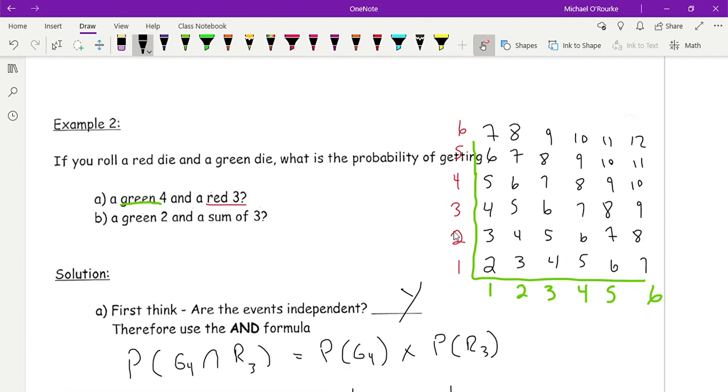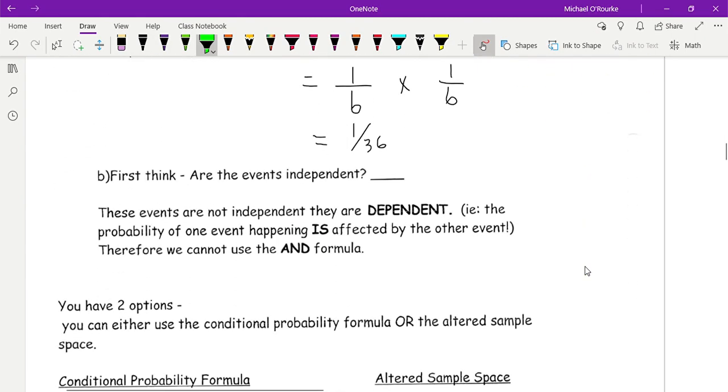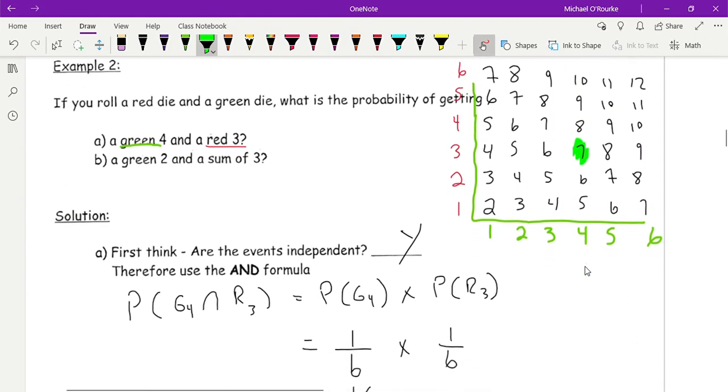If I look at the chart here, the chance of getting a green 4 and a red 3 only occurs right there, green 4, red 3. It only occurs once within that space of 36. Does that make sense?